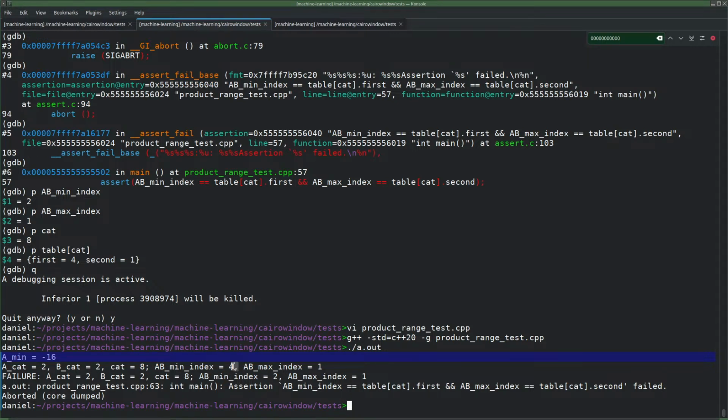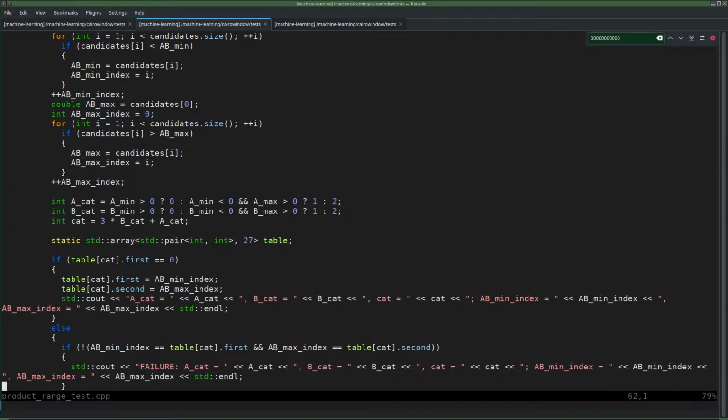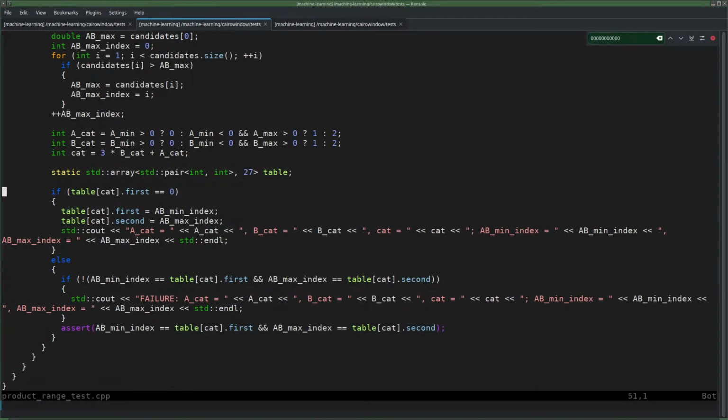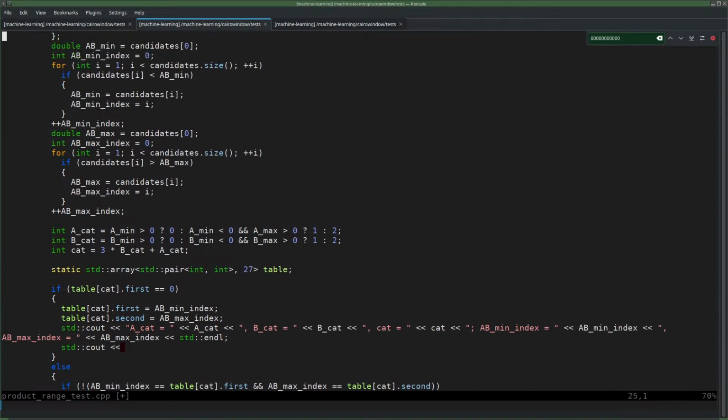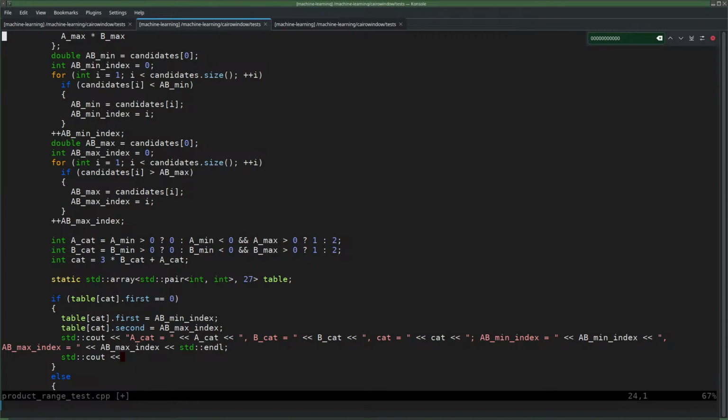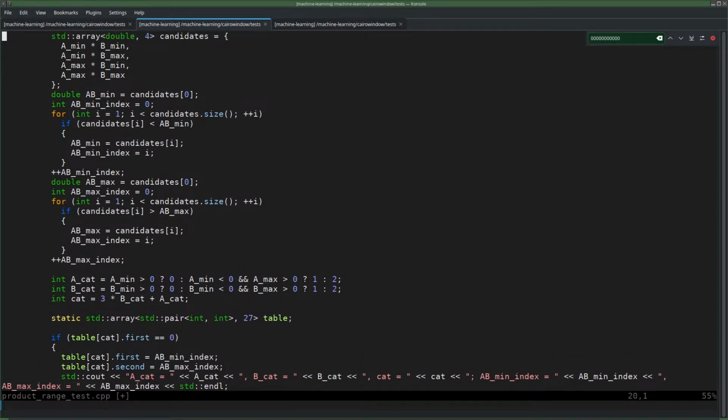You have to be able to check that this is correct. One more.